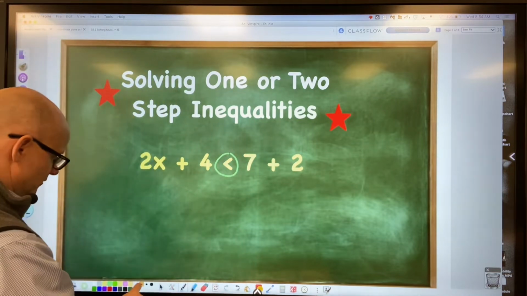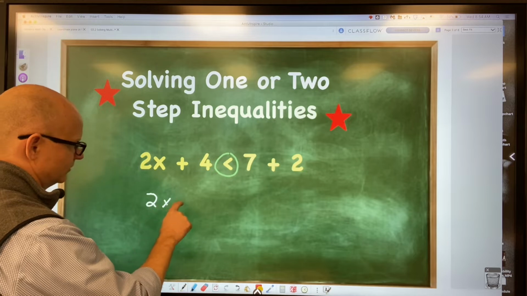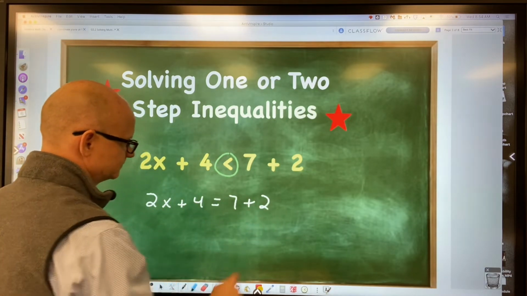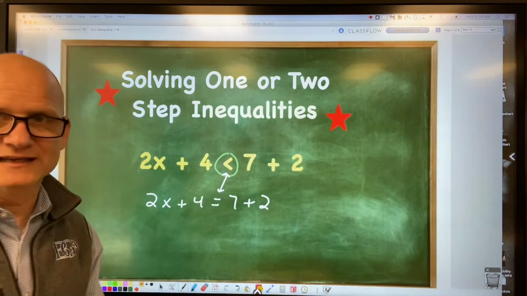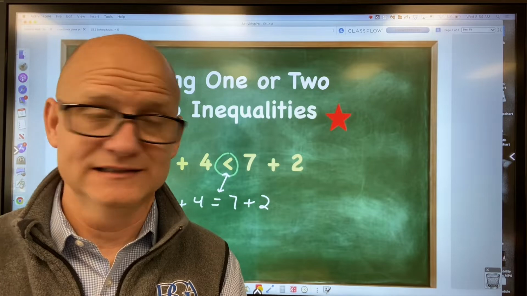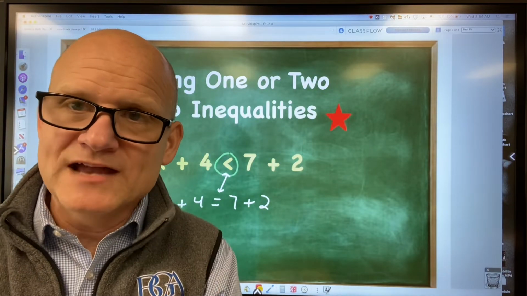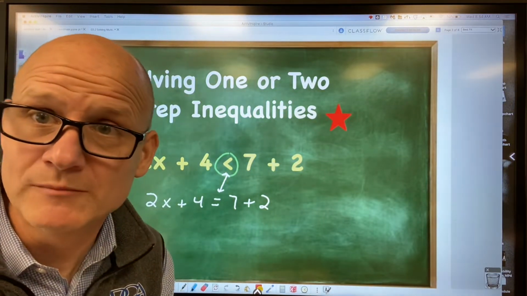What do you mean? Well, if I change this problem to just 2x plus 4 equals 7 plus 2, all right? So all I've changed was that sign. I went from a less than sign to an equal sign, okay? Well, if I asked you to solve this equation, the very first thing you probably would do is combine your like terms.